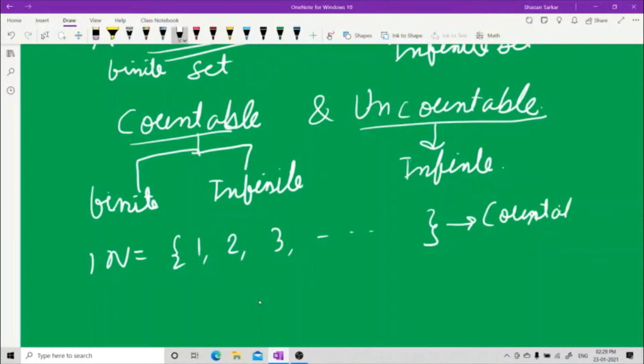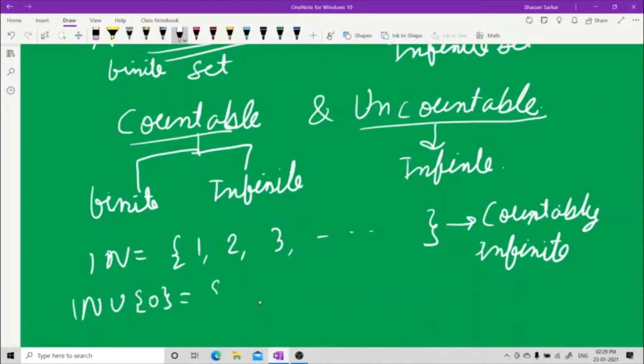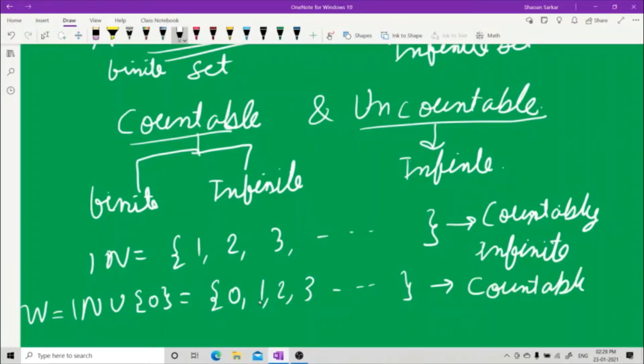Take the natural numbers union 0, I will explain union a little later. So this becomes 0, 1, 2, 3, which is actually the whole numbers. This is also countably infinite.